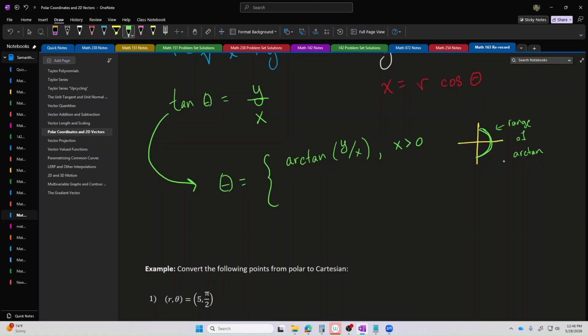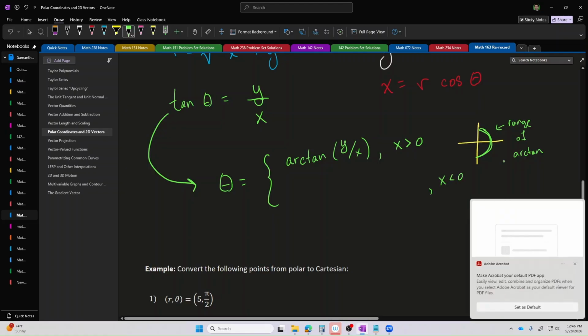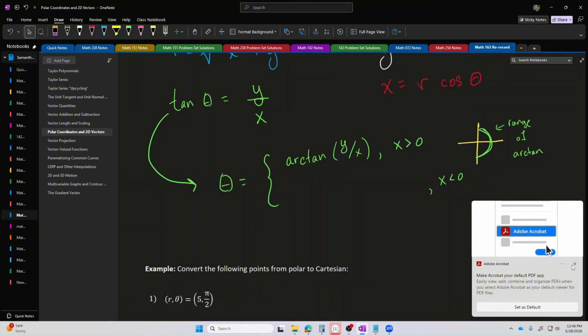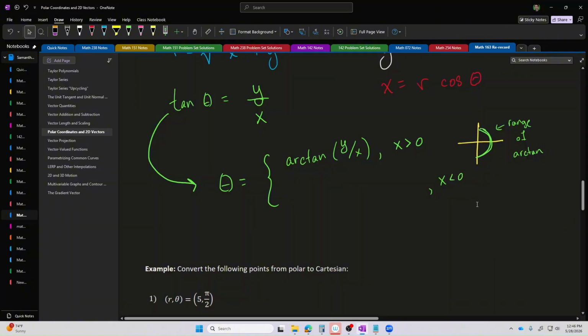If you're in a situation where x is negative and you're dealing with a point on the left half of the xy plane, you need to give arctangent a little bit of assistance in order to produce the correct theta values.